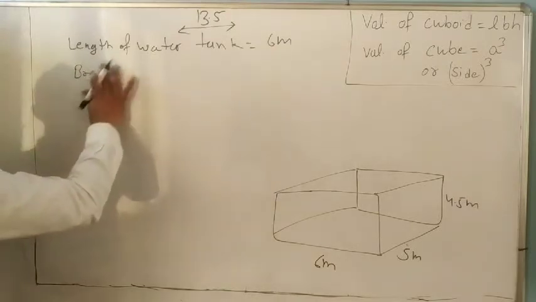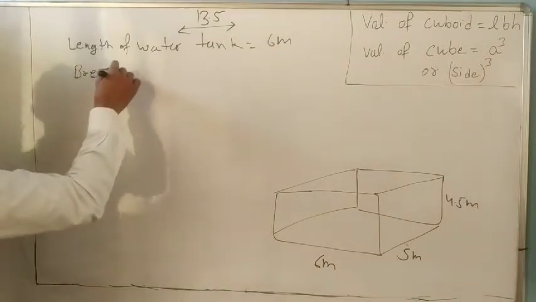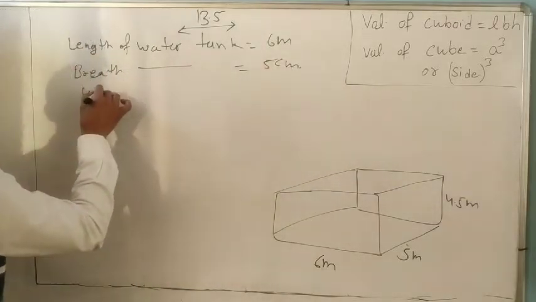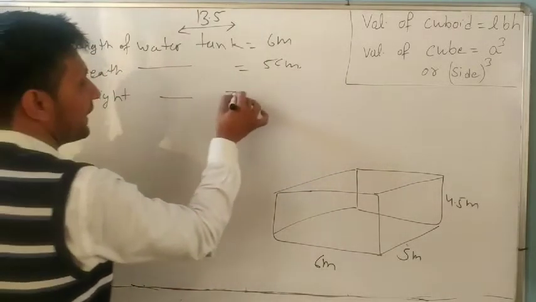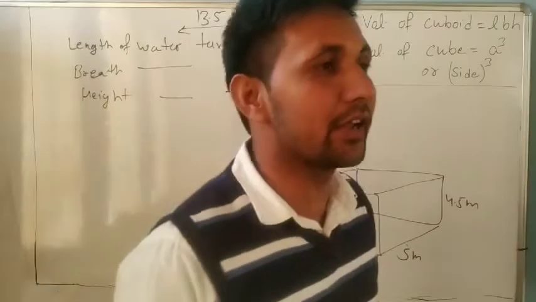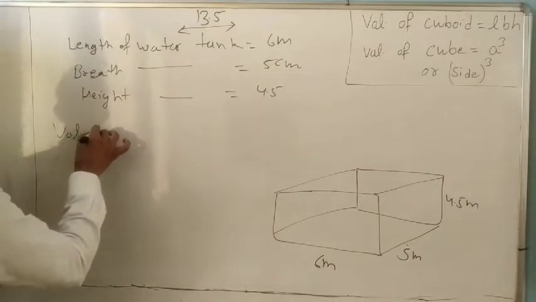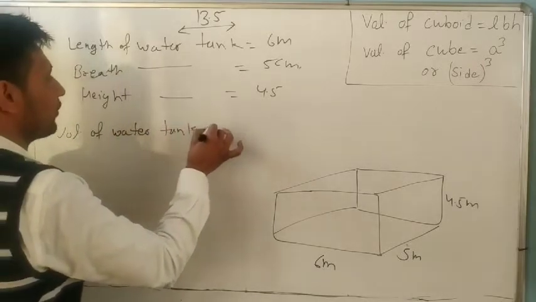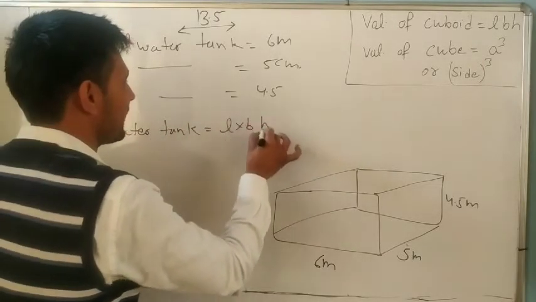Breadth of the water tank, you will write yourself, and the height is 4.5. So we have to find how much water it can hold. First we will find the volume, so write the volume of the water tank: L into B into H.